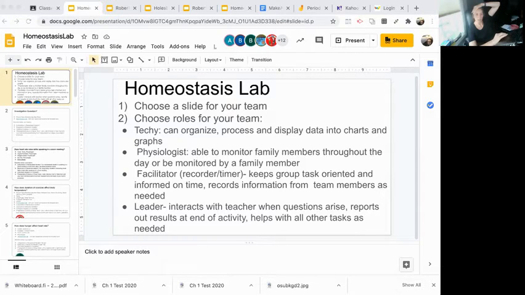All right, I'm gonna go see. Since our group is so big, we were just wondering if we could split.